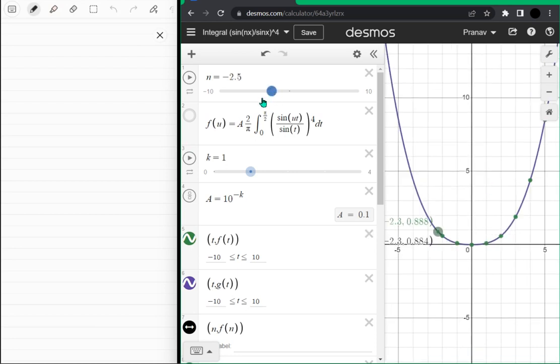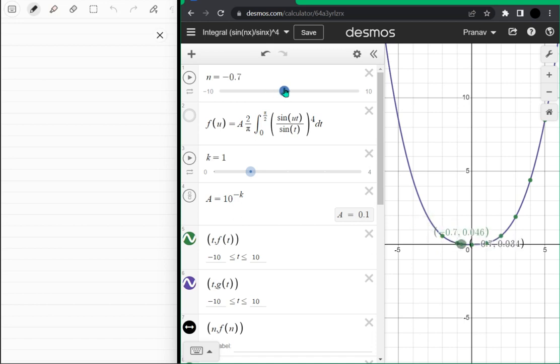As n changes, you can see what's happening. It looks like it's on both the curves simultaneously. It's not, but at the integer point, this point exactly matches up, so these two y coordinates are the same. If it's not an integer point, then these y coordinates are different. There's very little difference, but they are different in the end. And at integer points, as you can see, it matches up.